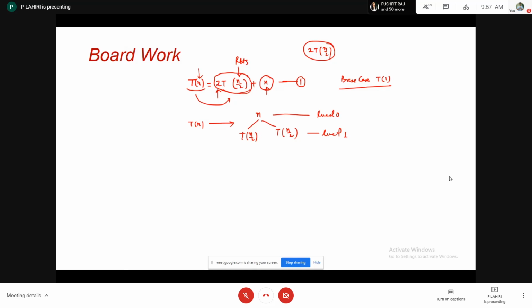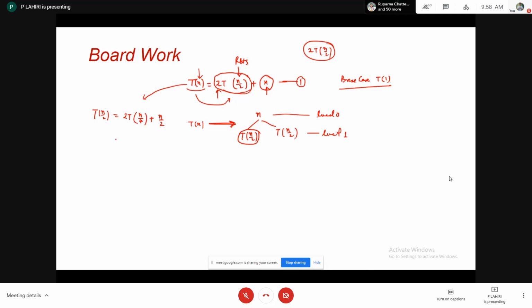So here, if it is t of n, then can anybody tell me what will be t of n by 2 as per the main expression? What will be t of n by 2? If you put n equals to n by 2, you will get this value, 2t of n by 4 plus n by 2, if I am not wrong.